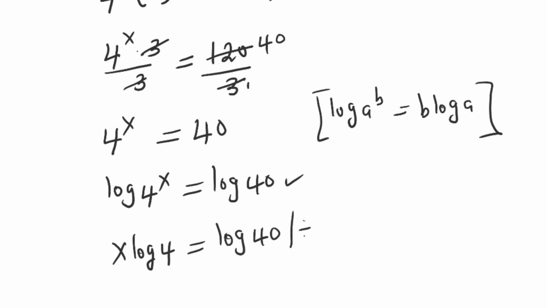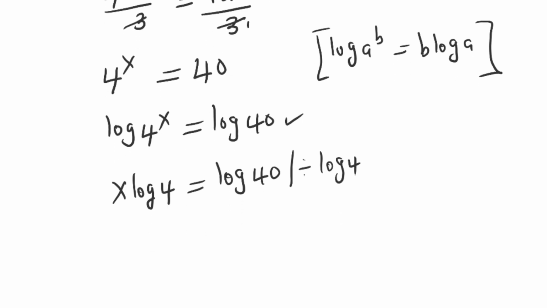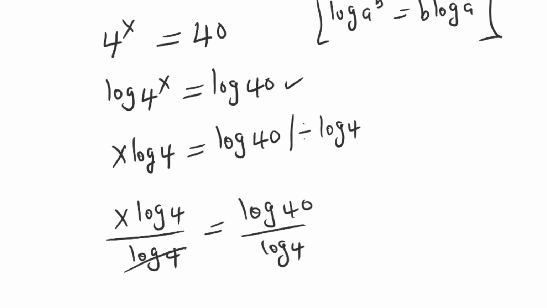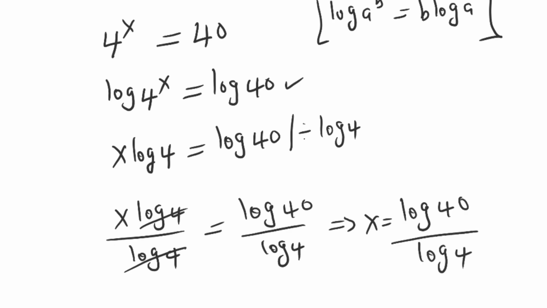Now let us divide both sides of this equation by log 4. This is s log 4 divided by log 4 is equal to log 40 divided by log 4. This log 4 cancels this log 4. This is same thing as s is equal to log 40 divided by log 4.